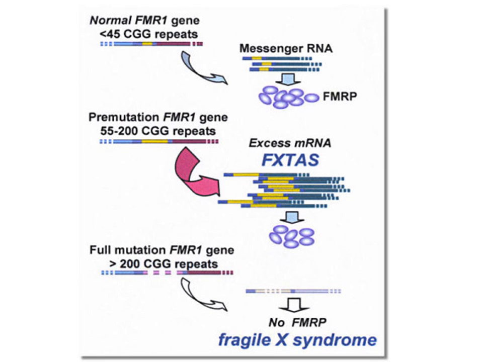If you have the intermediate number between 55 and 200, now you get excess messenger RNAs made, but a few less proteins. Now, if you have the full mutation, greater than 200, now you don't get as much messenger RNA, and you have none of the protein being produced, and you have Fragile X syndrome. And since this is all occurring in the neurons, you can see why it has such an effect on cognition.